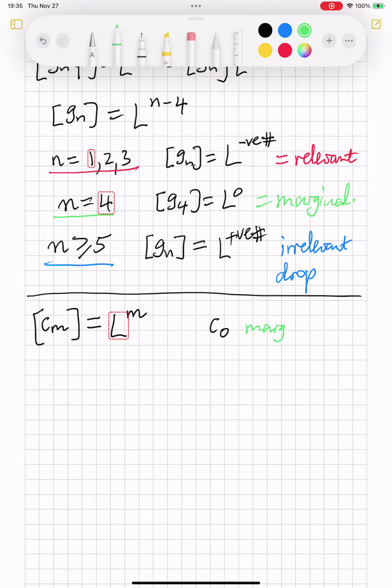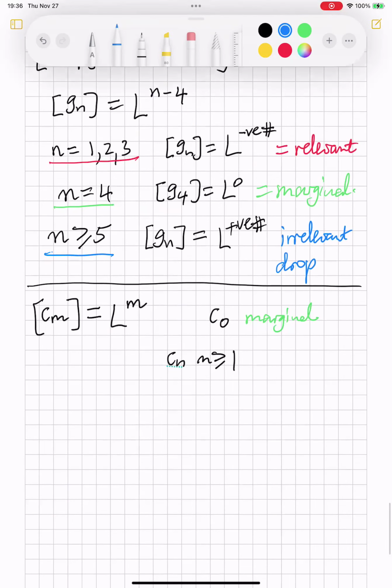So we need to keep C naught. But then what I found, Cn with n greater than or equal to 1, all of these have a positive length dimension, so all of these are irrelevant. So in fact, there's only one constant I need to keep from here, and that's C naught. I throw everything else away.